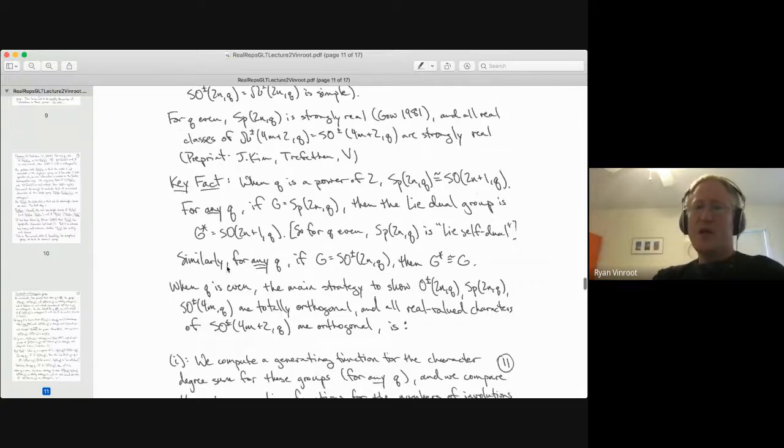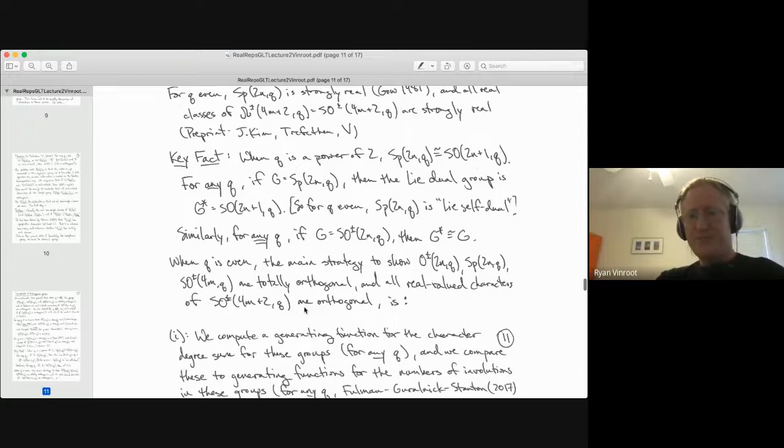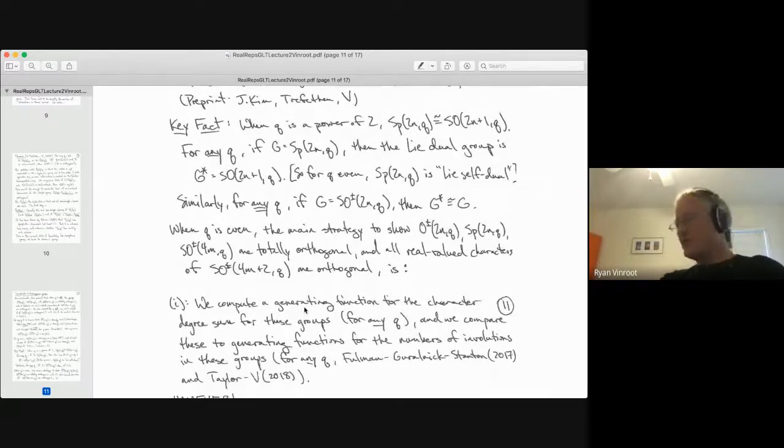And here's the main strategy. This is the outline for showing that these things are totally orthogonal: the orthogonal group when Q is even, the symplectic group when Q is even, all of these. It's a similar thing, except now, instead of exceptional groups, we can just sum the degrees.